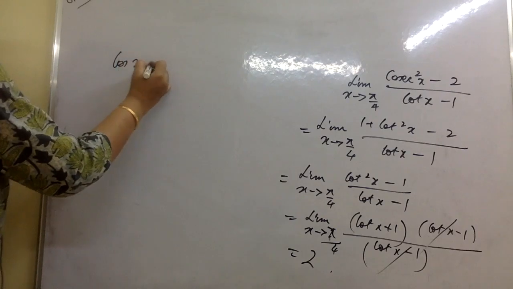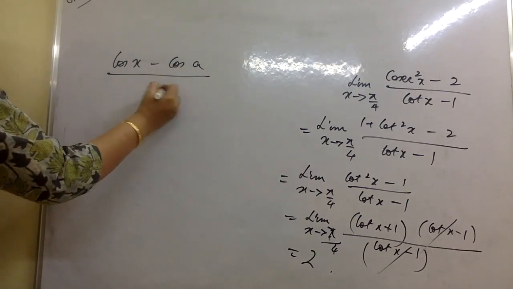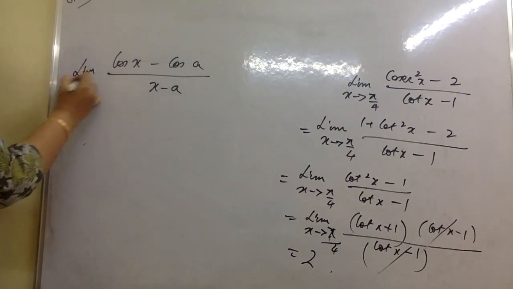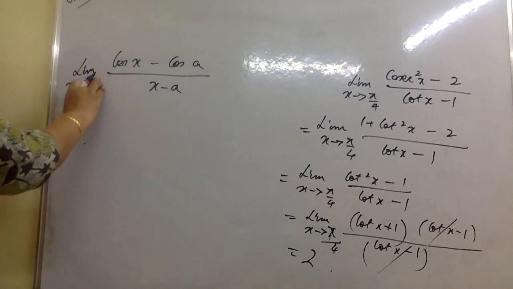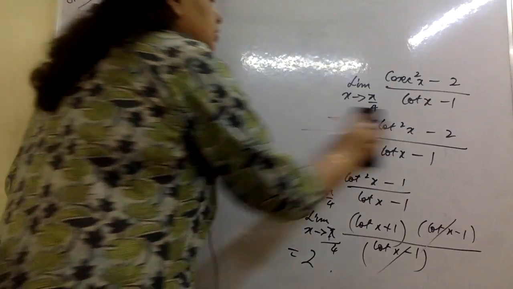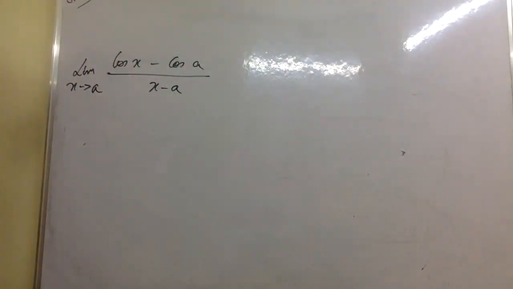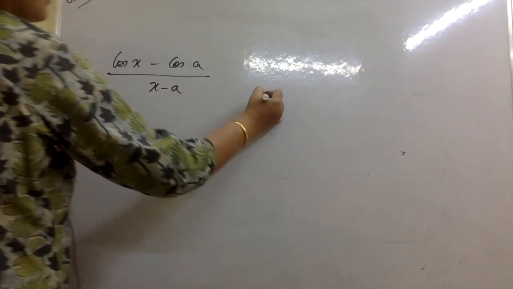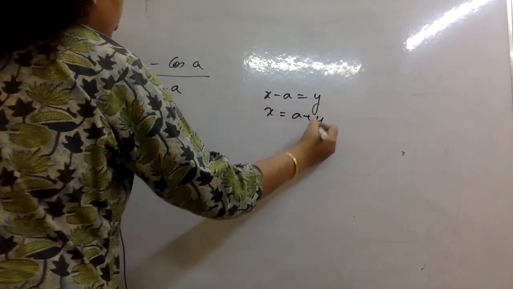Cos x minus cos a by x minus a, limit x tends to a. So how do we solve this kind of a sum? If x minus a is equal to y, then x is equal to a plus y.